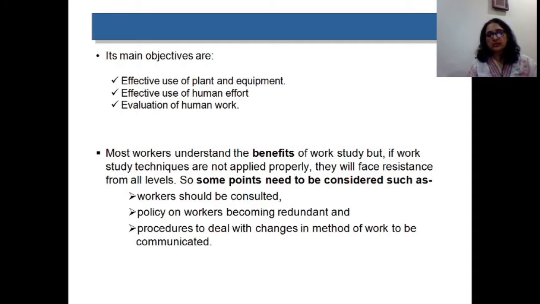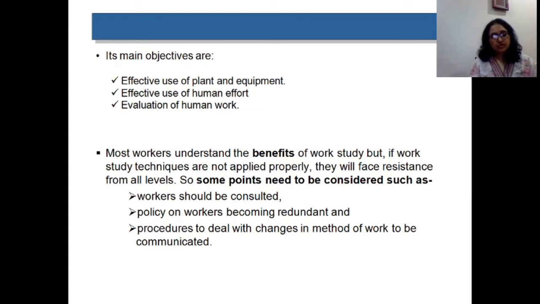Then secondly, the effective use of human effort. Again, work study helps to eliminate all waste, drudgery and frustration. So how can human effort be used more effectively? Then thirdly, evaluating human work. As said earlier, it evaluates the human work system in its entirety.